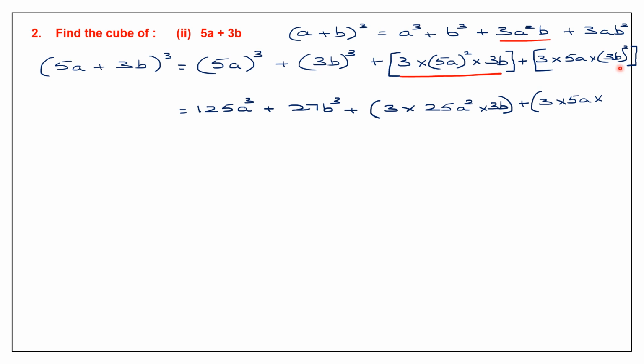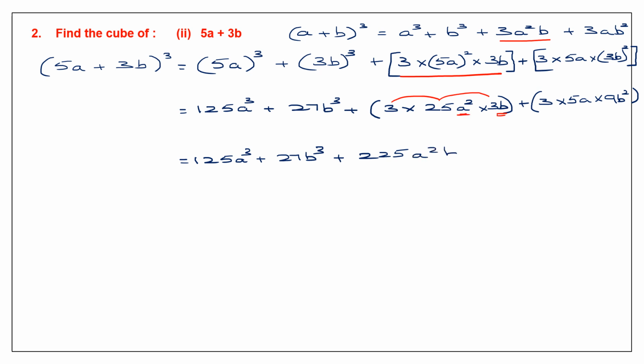That means 3 into 3, b into b. 3 3s are 9 and we have b square. Now we can simplify. 125a cube plus 27b cube plus, now work out the numbers here. 3 into 25 is 75. 75 into 3, 225. So that will be 225. Now we have to multiply a square into b. So that will be a square b.